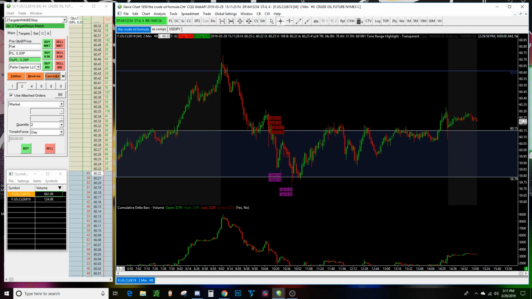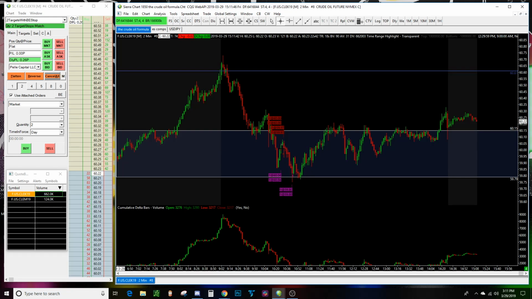Let's see what my first entry was. My first entry was right here at 60. I shorted a little too early. I could have waited for a turn instead of shorting a wick, which didn't turn out to be a wick, clearly.